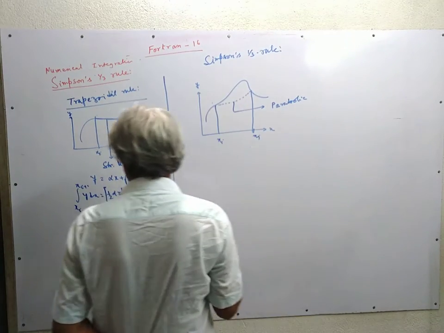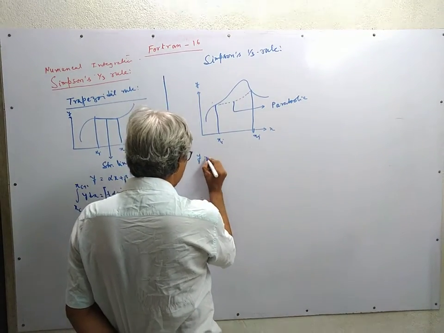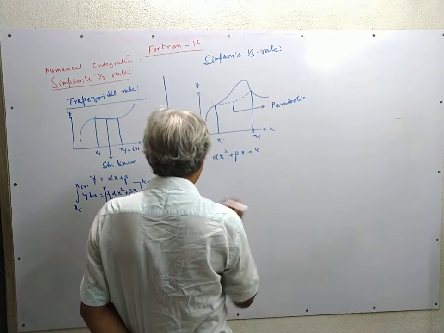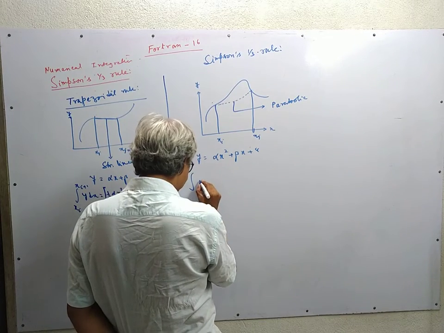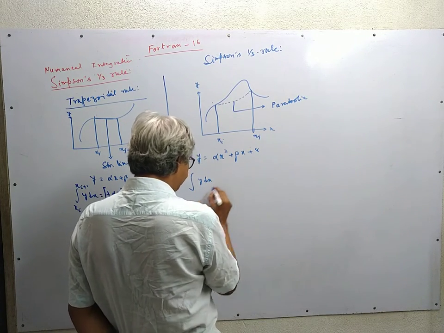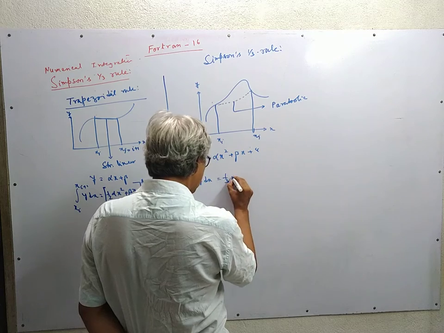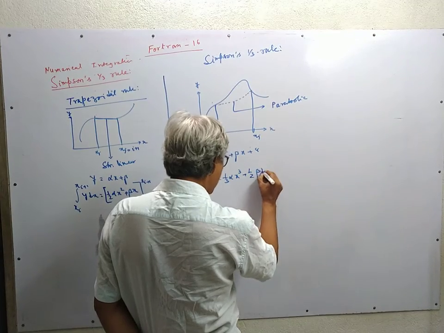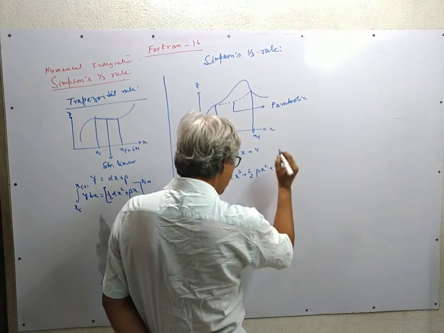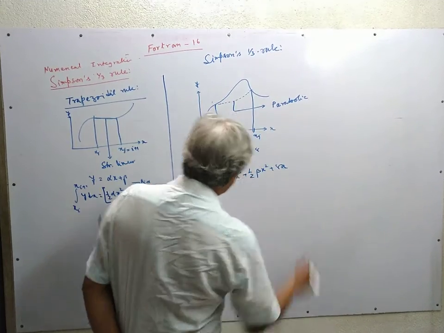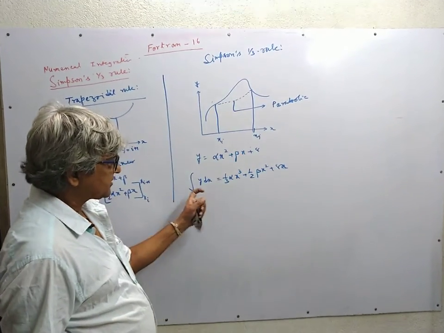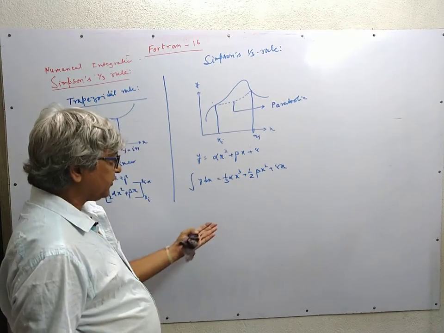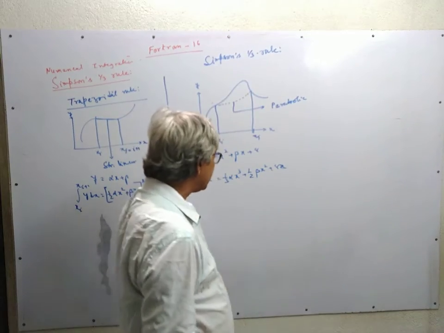The equation for a parabola is y equals alpha x square plus beta x plus gamma. Whenever we integrate y dx, we get 1/3 alpha x cube plus half beta x square plus gamma x. To get the value of the corresponding definite integral, we need to know alpha, beta, gamma.